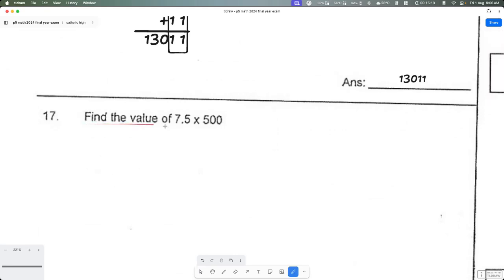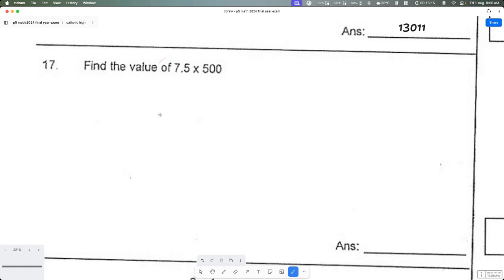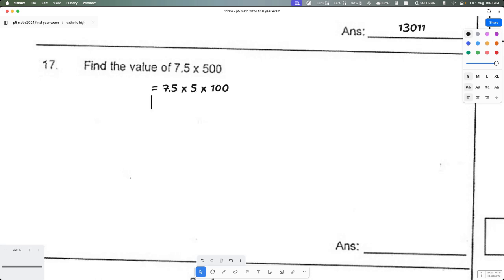Find the value of 7.5 times 500. Okay, so in this case, what we can do is make it a little bit simpler, which is you can write this down as 7.5 times 5 times 100. Technically this is the same as what we see over here.